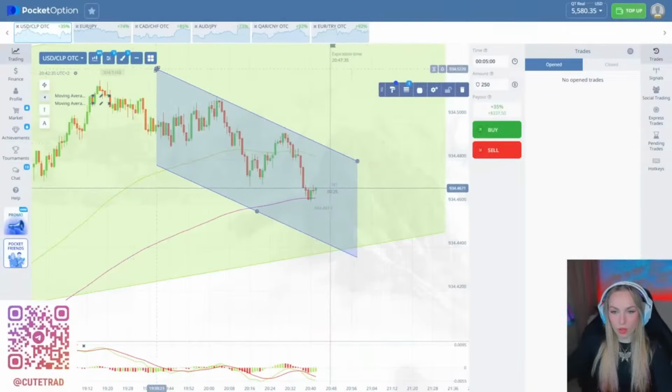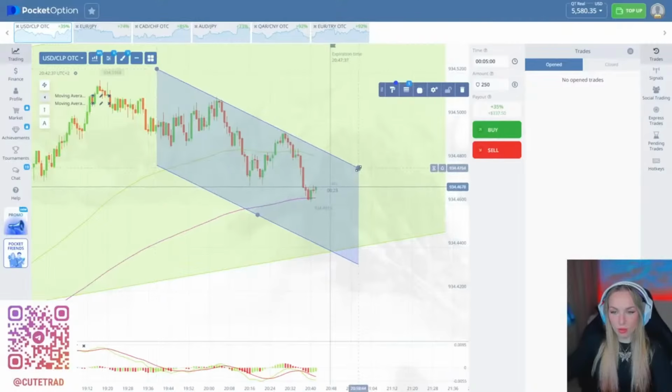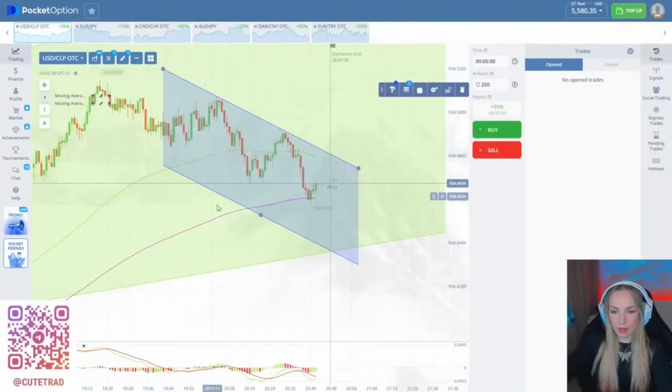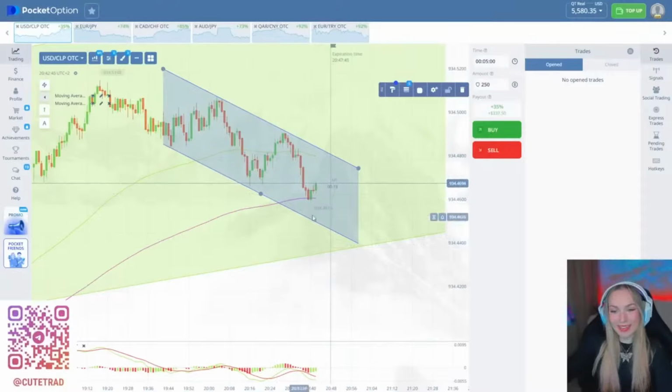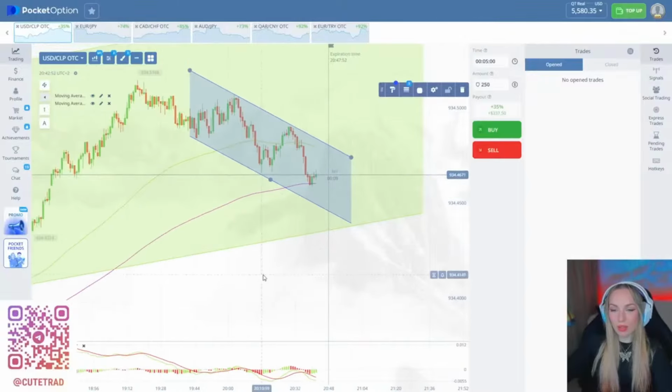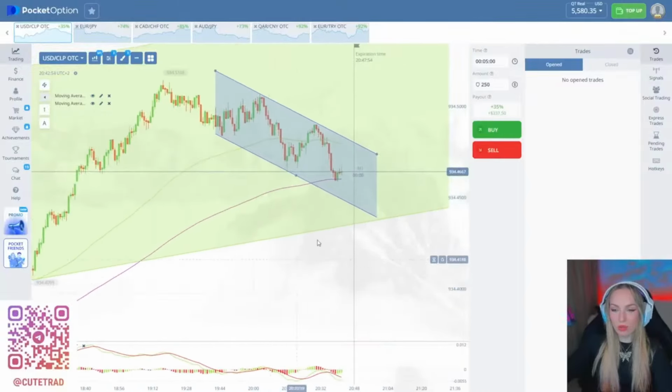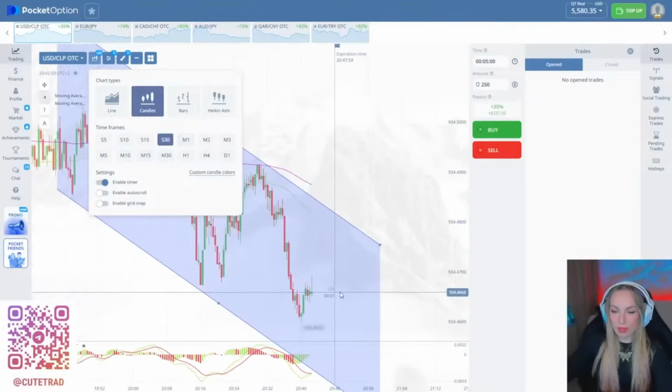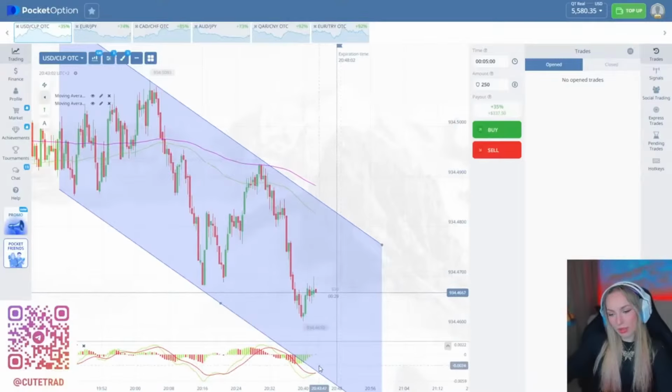Let me try something like that. The downward channel inside of the upward channel. Well, the price starts going up, but I don't think so. I think it's too far from the support and too far from even this support, so maybe it's a bad idea to open. But though on 30 seconds it doesn't look that far.